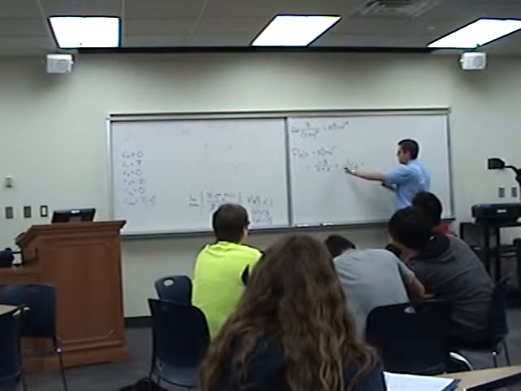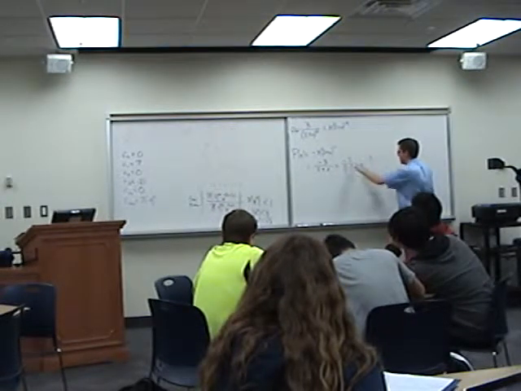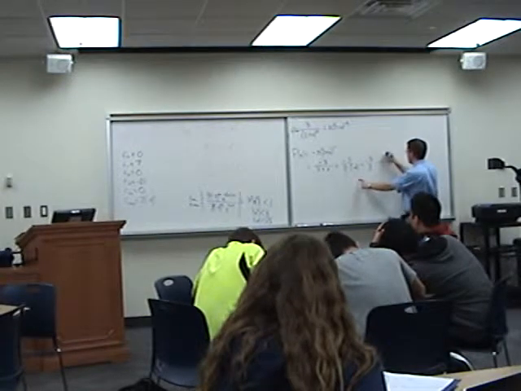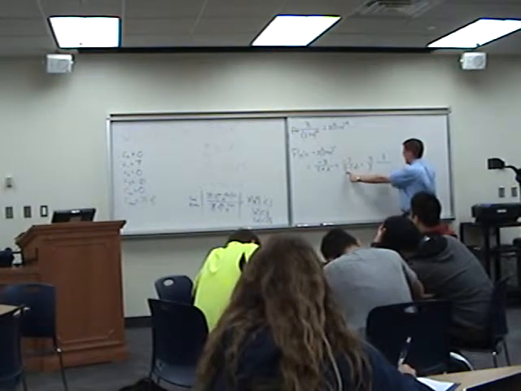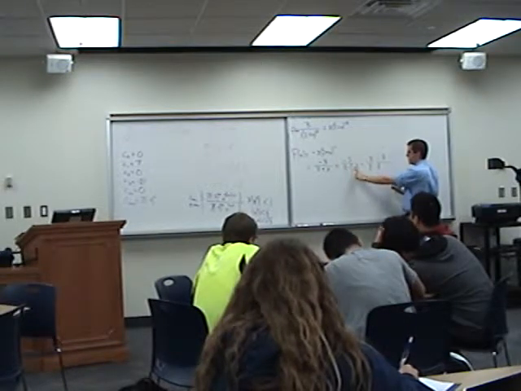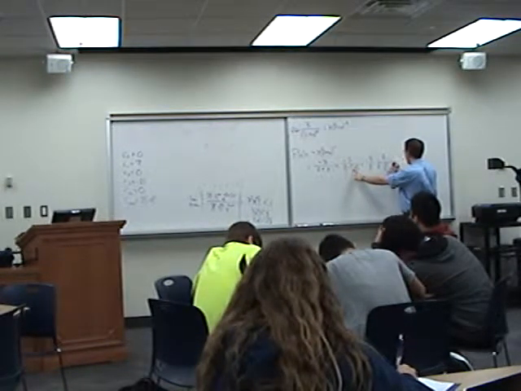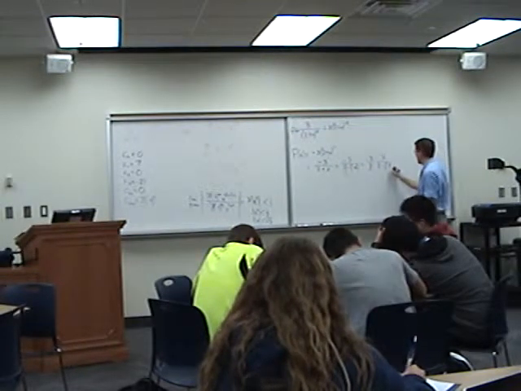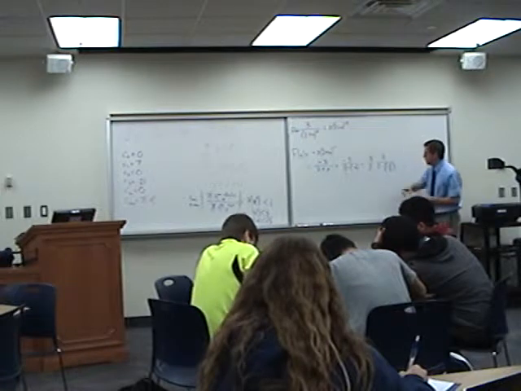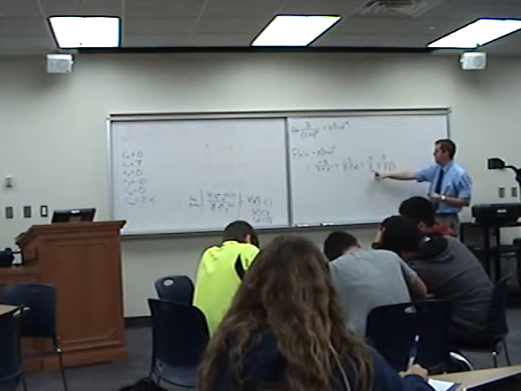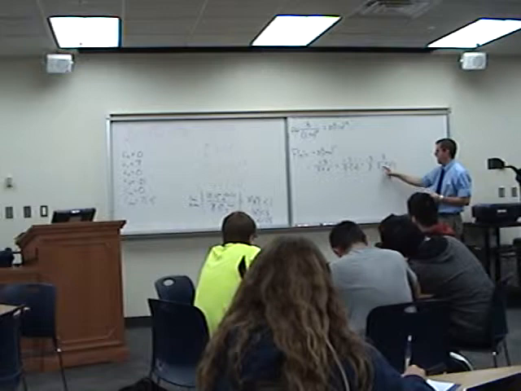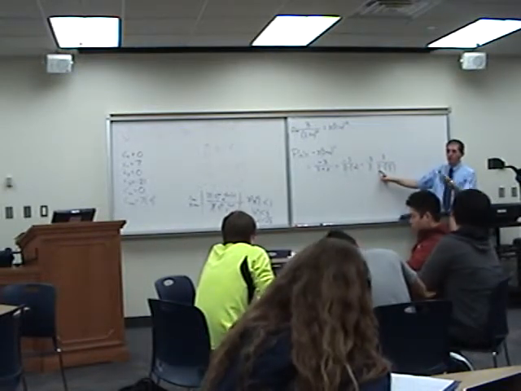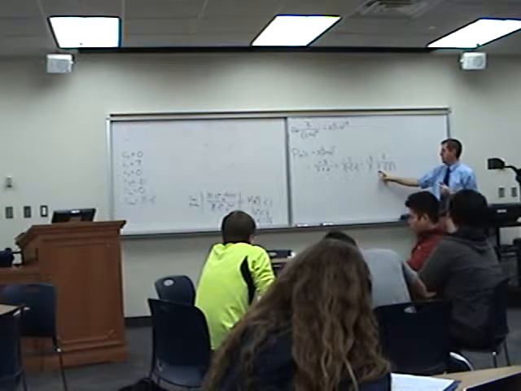One way you can think of this is pulling out a negative 3 from the top and pulling out a 2 from the bottom, which will leave me 1 over 1 minus negative x over 2. Now if you distribute everything through, that's going to be a negative 3, and that's going to give me 2 minus a negative x. You see how you can make this a 1? Does that make sense, Michaela? Okay.